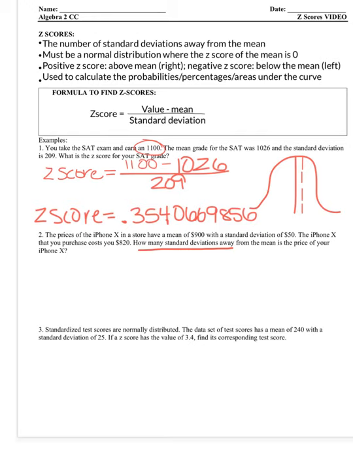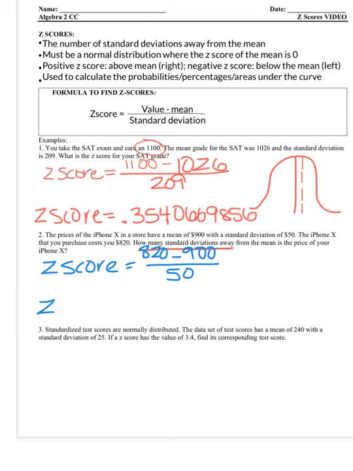Okay, so you're going to do z-score equals the value. If you have trouble figuring out what the value is, plug the other stuff in first, because the mean it'll tell you, and the standard deviation it will also tell you. You're looking for a phone costing $820, so that's your value.